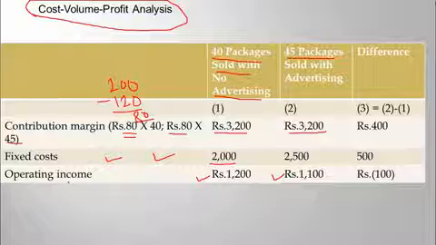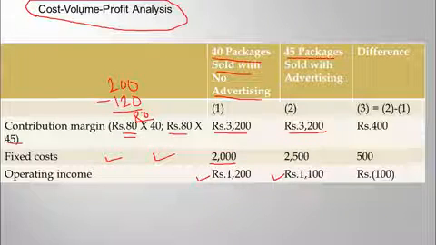It means that the operating income will decrease because of this advertisement. Even though there is an increase in sales, there is a decrease in profit. So this is nothing but the cost volume profit analysis.